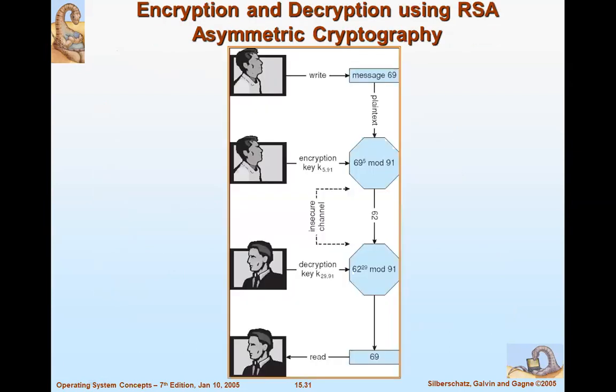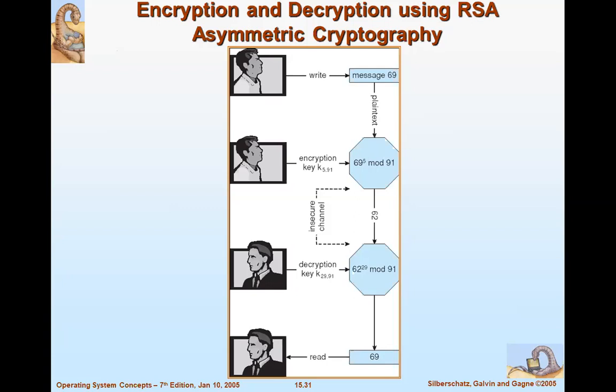Over here in this diagram, you can see that the author actually wants to send 69, which is a plain text message, and then the sender node encrypts it with the help of this key. You can see over here that in encryption, he used the encryption key 5 and 91.